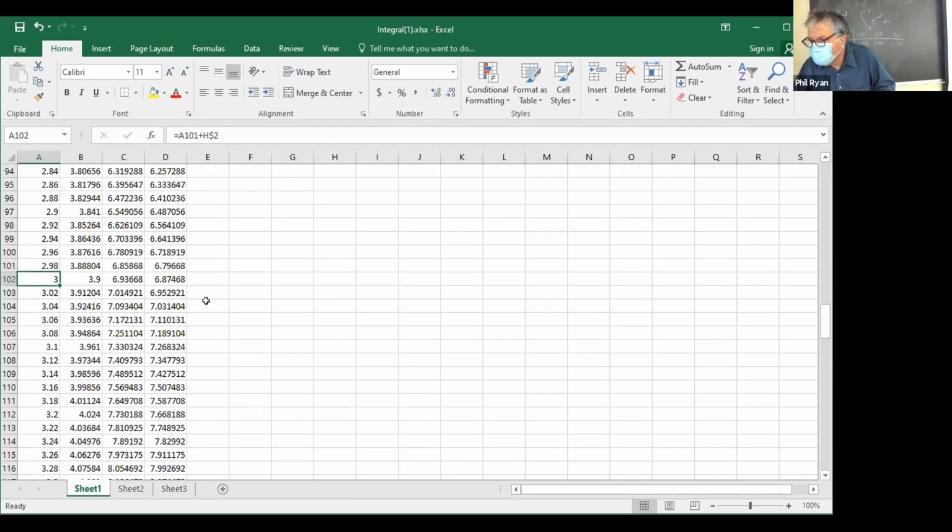Okay, here's 3 here. And so now the left-hand sum goes from 0 to 2.98. And so we've got 6.85868. That looks like a pretty good number to me. The right-hand sum goes from 0.02 to 3, and it's 6.87468. And again, that looks pretty good, right?